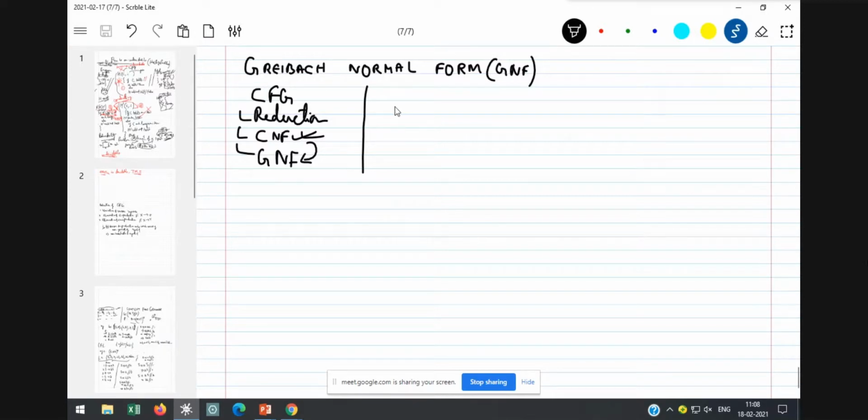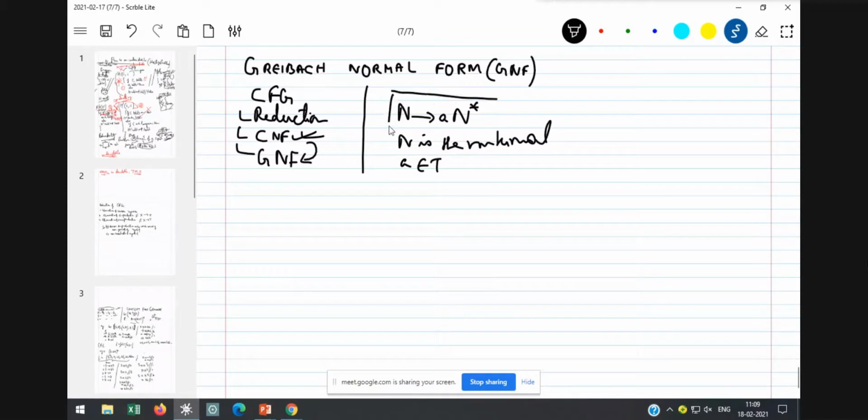When the production rules follow this format, where N is the non-terminal, spelling mistake, just read it as non-terminal, and a is the terminal. This is the format.